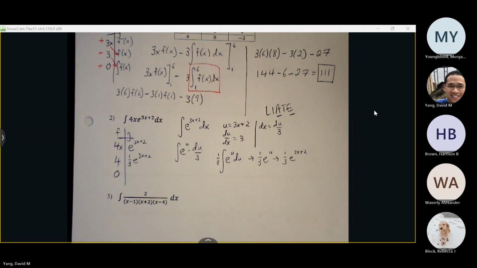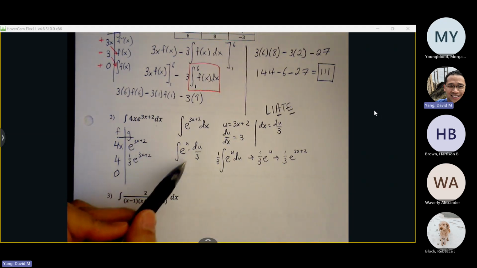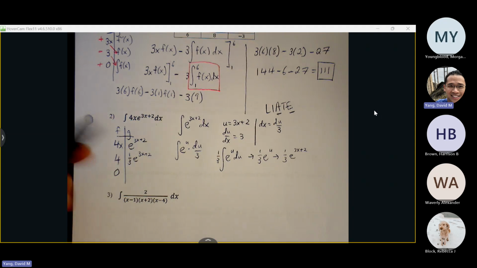So if we go through u-substitution again, we know after one time, it's going to be another 1/3. So times 1/3 is 1/9.